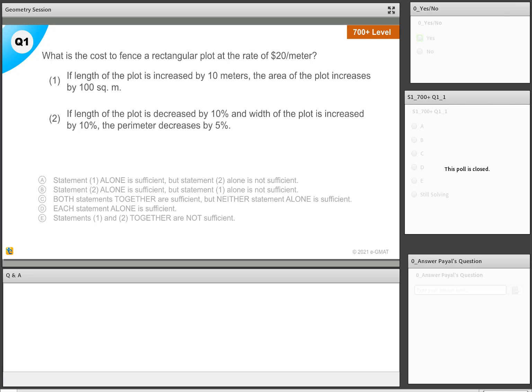And here comes your next question. But before that, let me get the poll here. Okay, here you go. Please click on still solving and then I'll activate the next question.